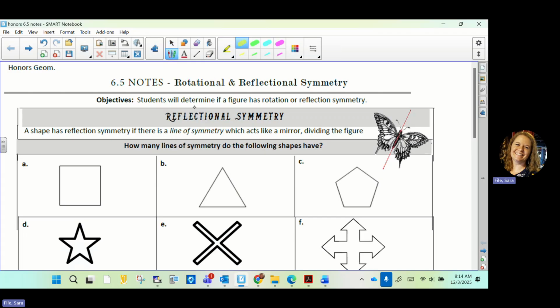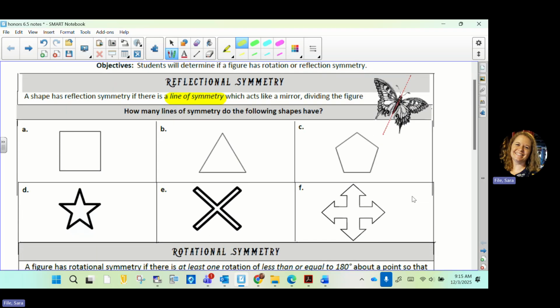Remember, the line of symmetry serves as a line that you could fold the image over and everything would match up on both sides, right? Does everybody understand what a line of symmetry is? It acts like a mirror dividing the sides of the figure. We're going to look at how many lines of symmetry these different shapes have.